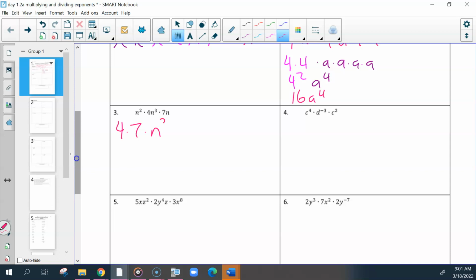So I'm going to write that as 2 plus 3 plus, what's the exponent of this n? 1. So it's going to be 6. So you can do this step by step. You can do it at the same time. It doesn't matter. So we would need to multiply 4 and 7 and add these together to get our new exponent.